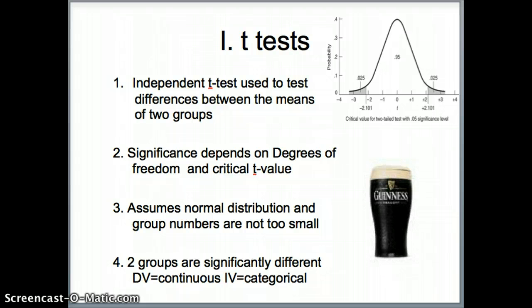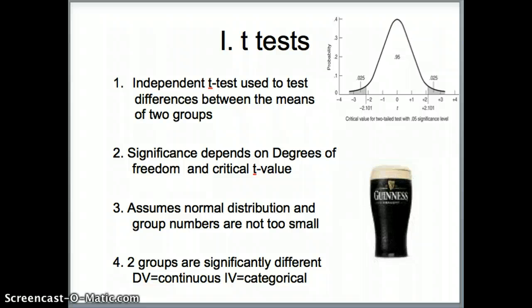The t-test actually has an interesting history as it relates to beer. So over here you can see this lovely pint of Guinness, and you might say, what do statistics have to do with Guinness? And the answer is, well, one, that statistics and learning of statistics might go very well with a Guinness in hand.